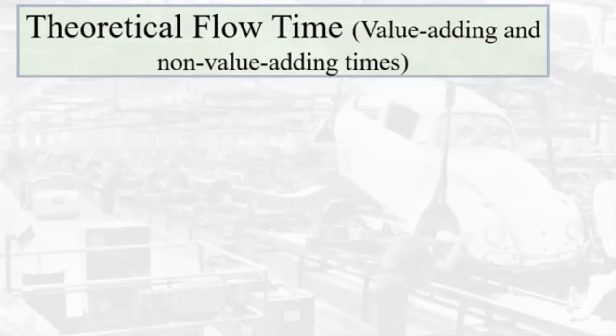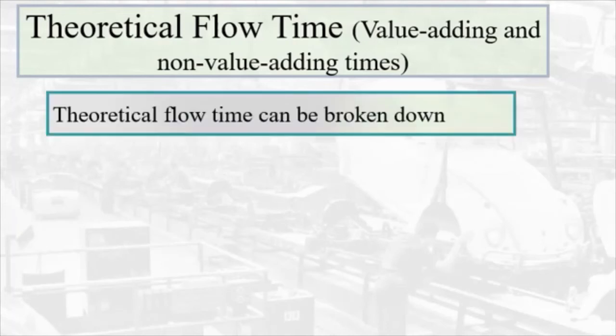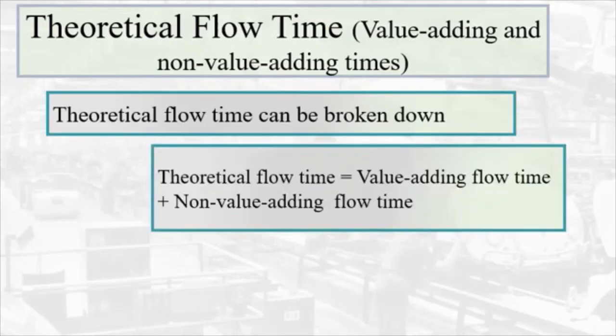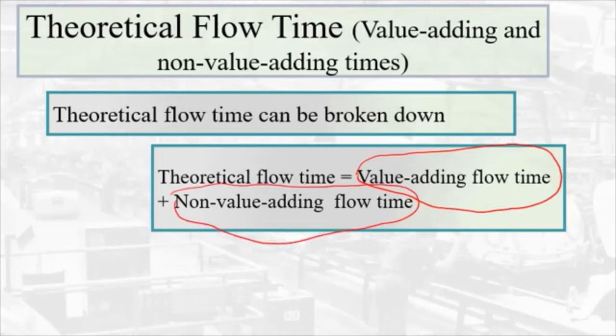So far we said that the flow time is equal to some theoretical flow time plus waiting. But the theoretical flow time itself is made up of value-added activities and non-value-added activities. So even the theoretical flow time is broken into value-added flow time and non-value-added flow time.